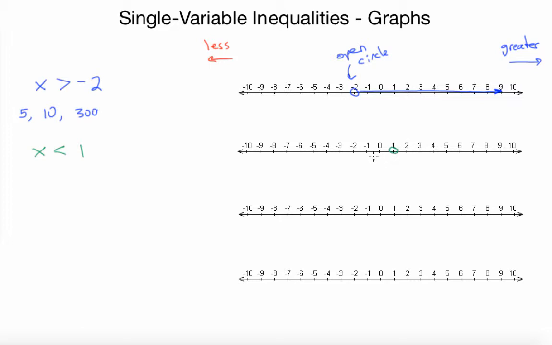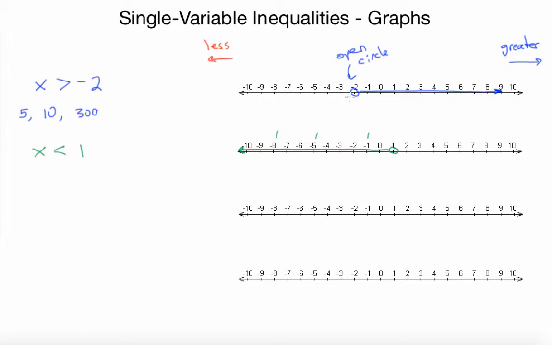It can't equal 1. That's not a solution. But it's all the numbers less than 1. So I'm going to go to the left because that's what's less than. And I make a little arrow, and I can see, yep, negative 1 is a solution, negative 5 is a solution, negative 8 is a solution. Those are all numbers that are smaller than 1.